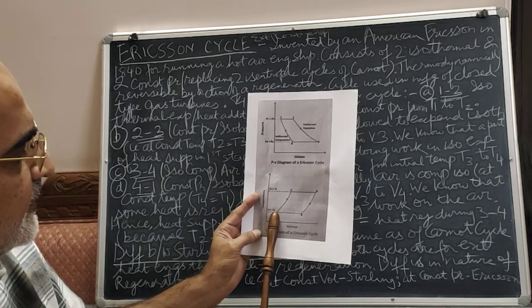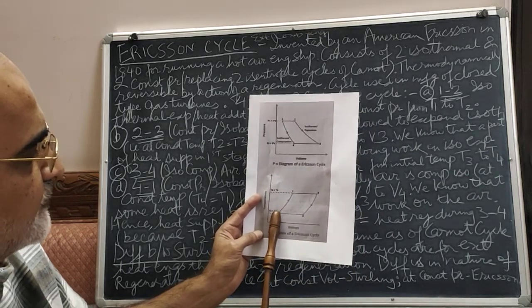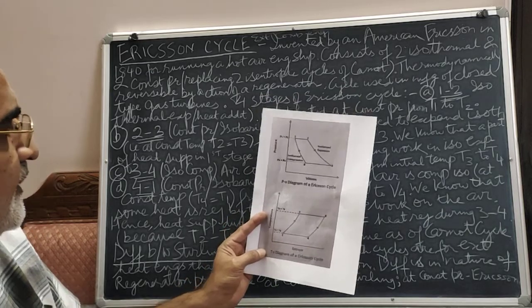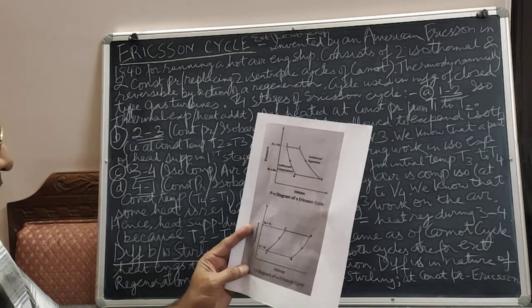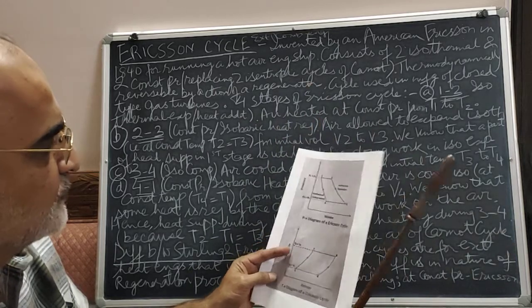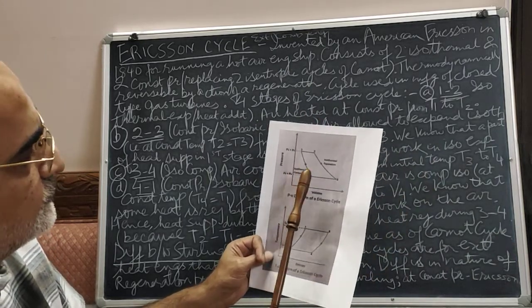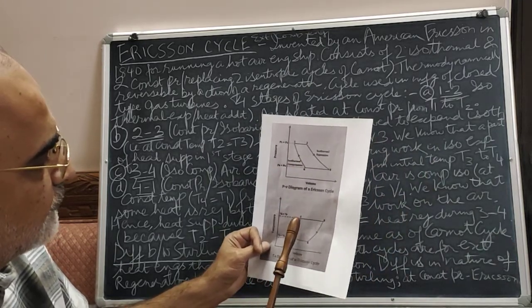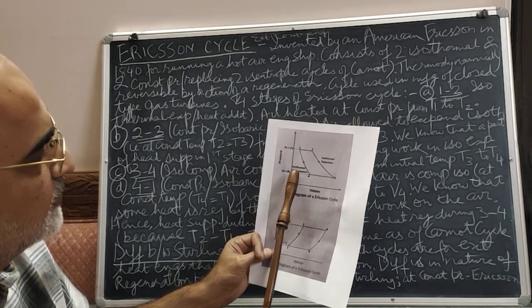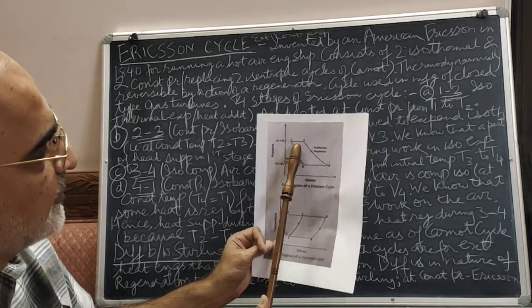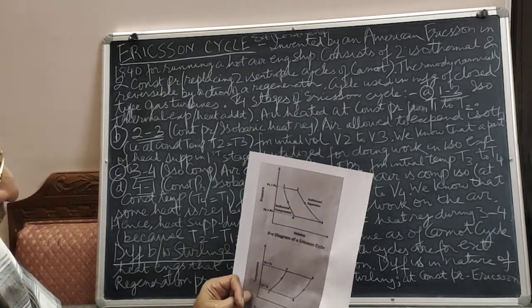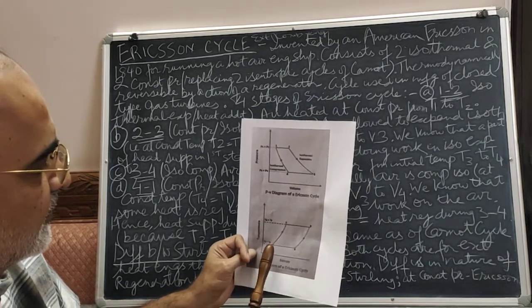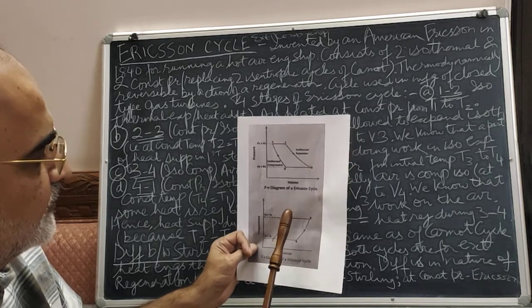Heat addition, temperature 1 to 2, heat is being added. Air is heated at constant pressure, 1 to 2, pressure is constant, from T1 to T2.